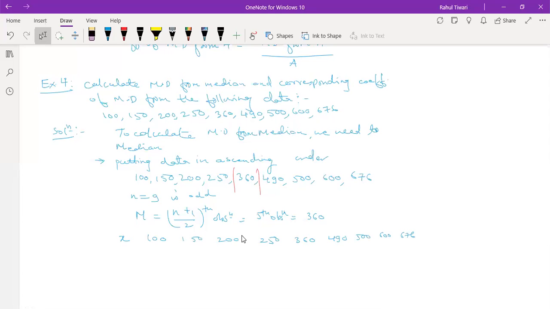You calculate now mod of X minus median. So if you just calculate that value, you need to calculate it, okay? And then based on that, you will get the next value.